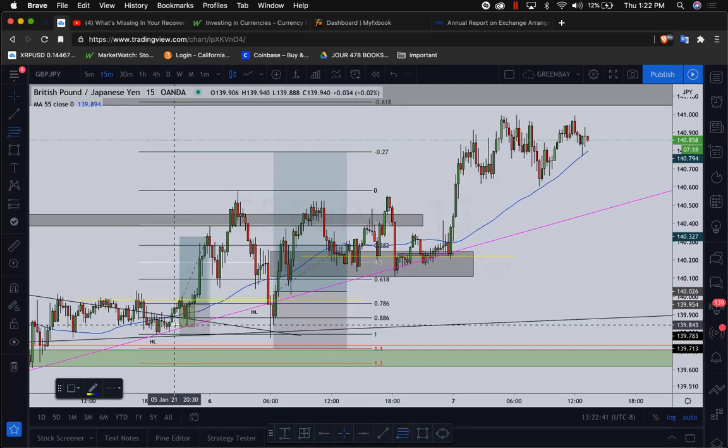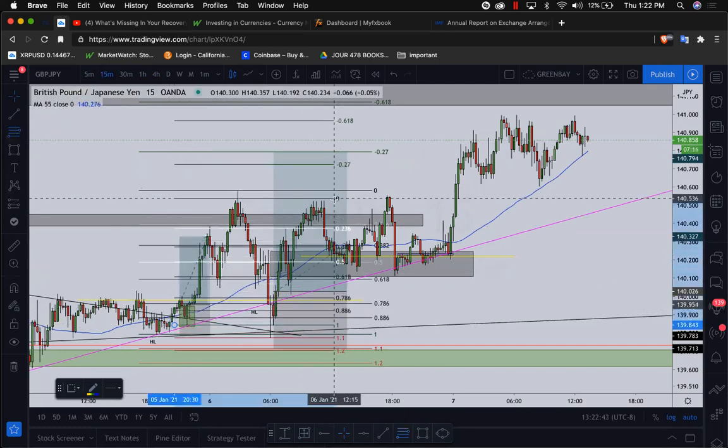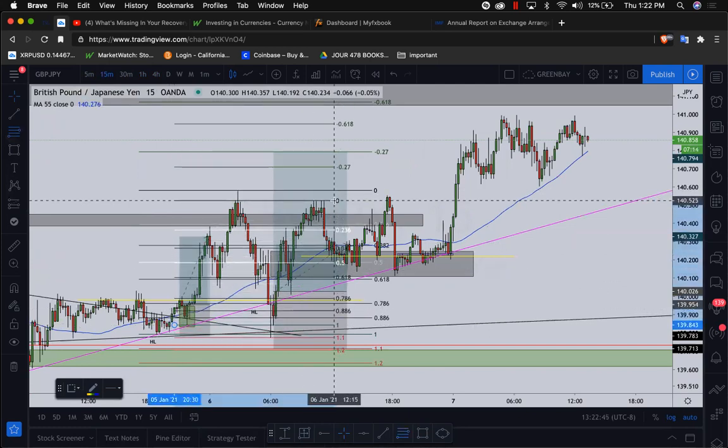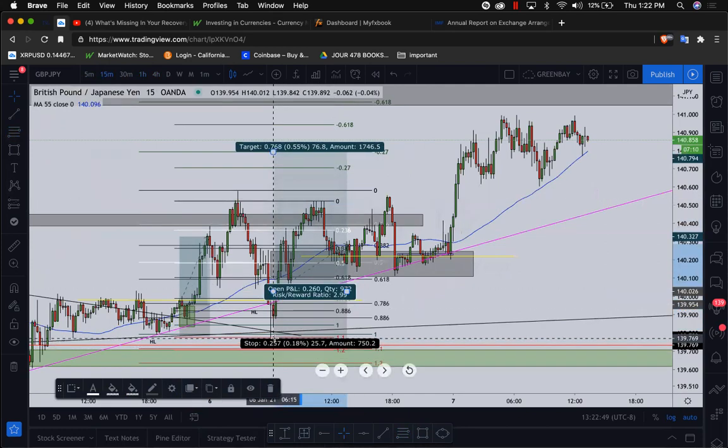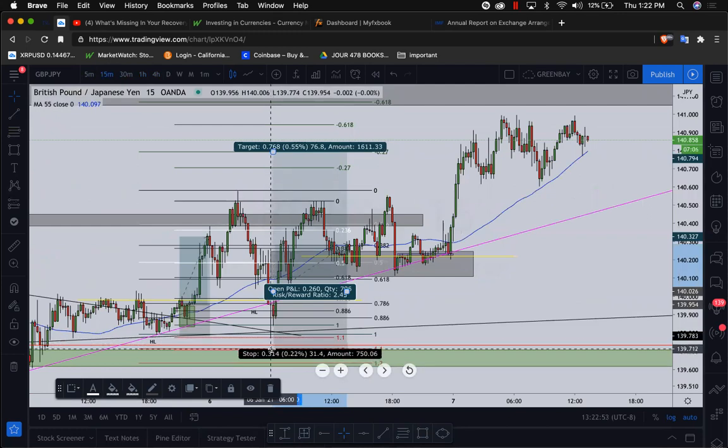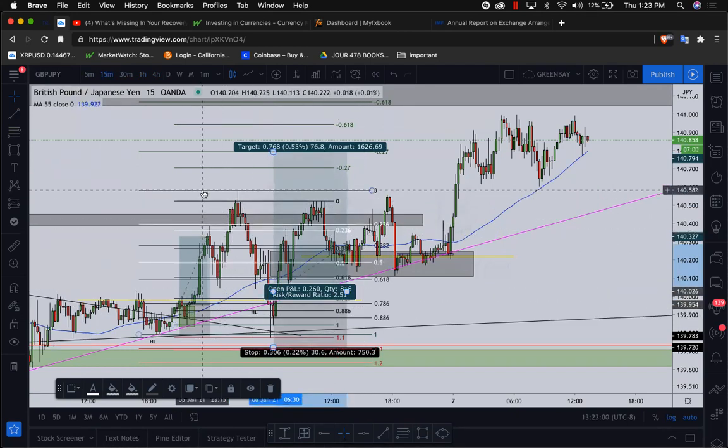I understand the structure and where you were. And you could have even put your stop losses damn near right here, 25 to 30. Yes, still, but it's still a 1 to 2 risk ratio, so that's still a good sign.